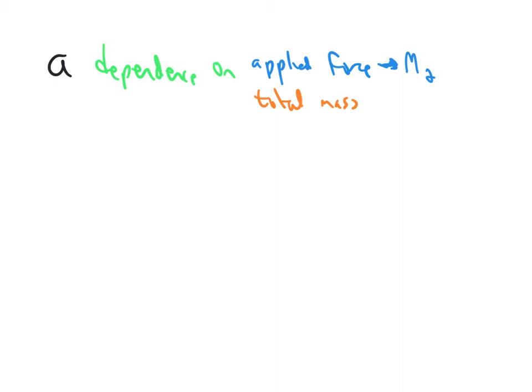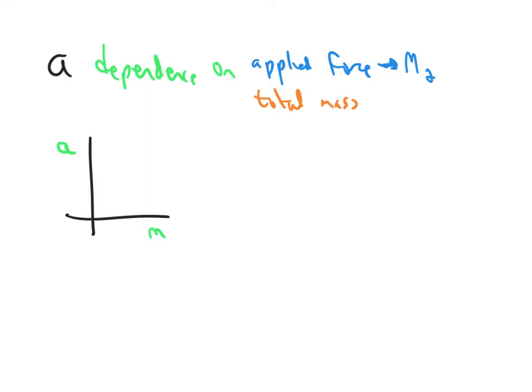So when we make a plot like that, in both cases, we have some sort of mass as your independent variable and acceleration as your dependent variable.